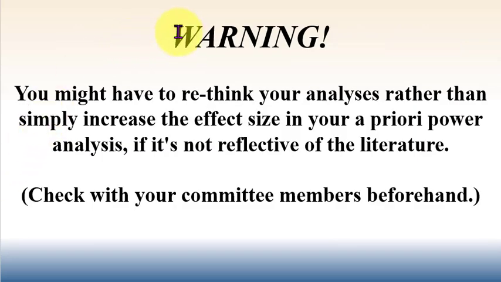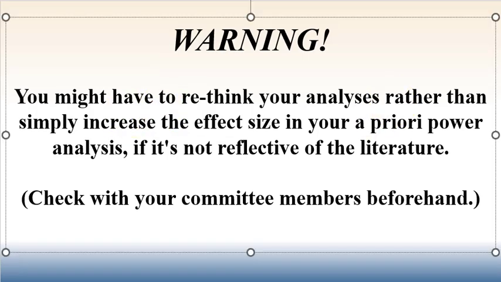Now, this is an important warning, right? So let's pretend that you did find an effect size in some of the literature that you went over, and it was small. And you put a small effect size into the a priori G-Power, and it gave you a crazy sample size, which I'm going to go over in a second. You just can't change the effect size on the a priori.